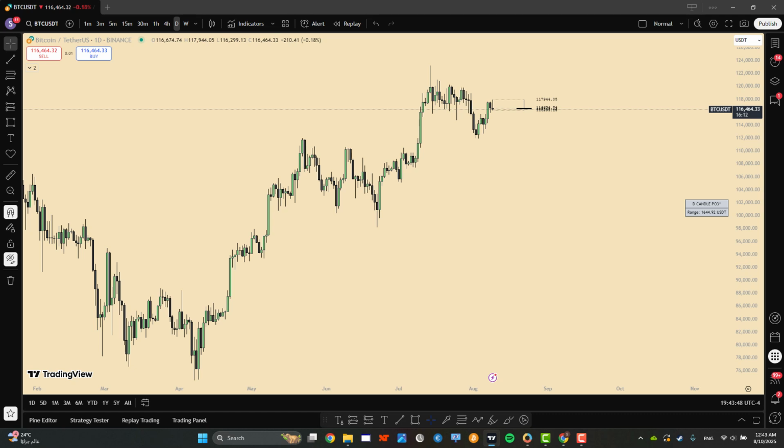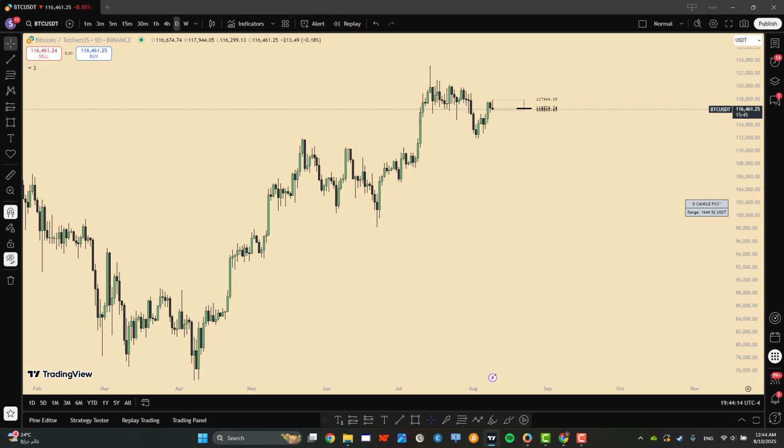So it can be previous daily highs or lows, previous weekly highs or lows, monthly highs and lows, or basically just major visible swing points on the 4-hour, daily, or weekly.